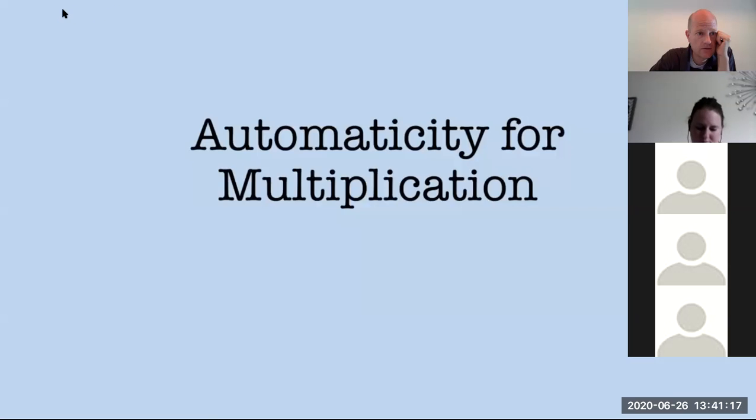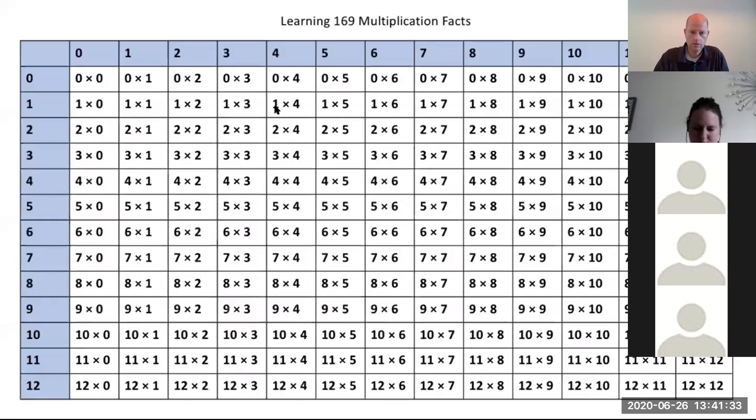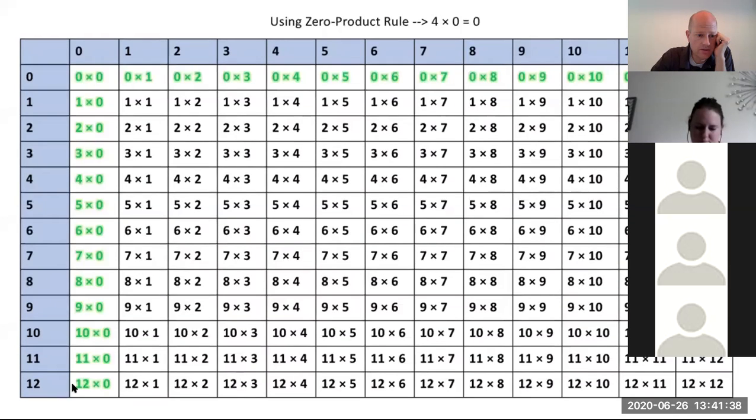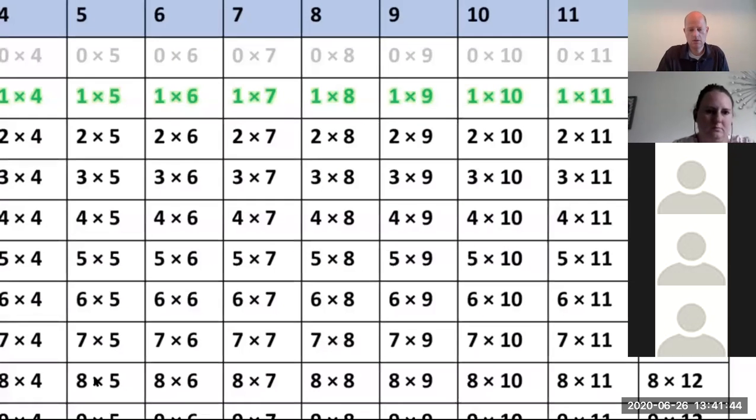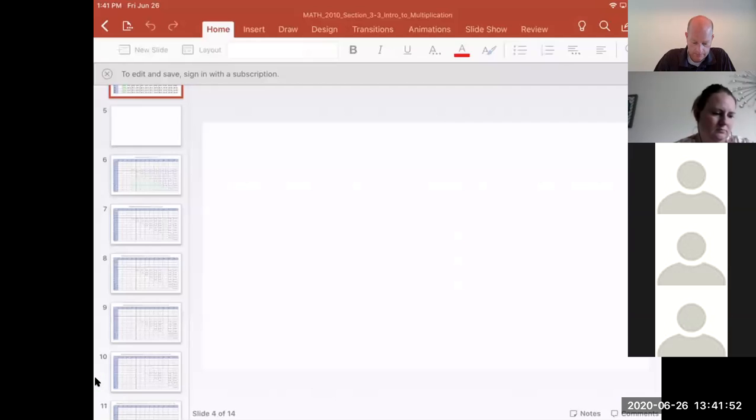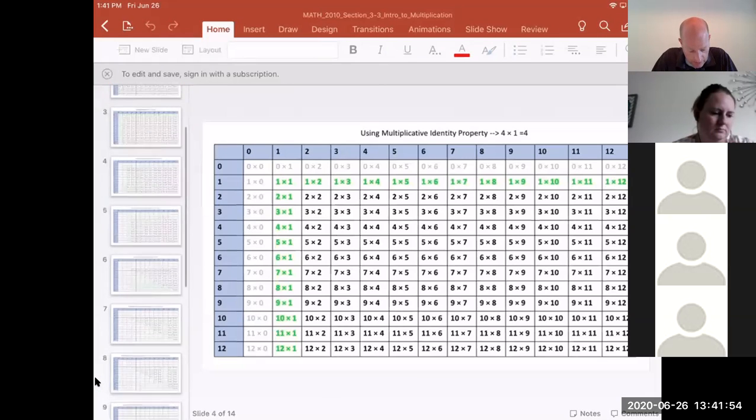We're going to use all the screen for our multiplication table. Let's see how we go. All right, so for multiplication, we need to learn and teach our students 169 facts. Okay, sorry about that. Hold on, folks.